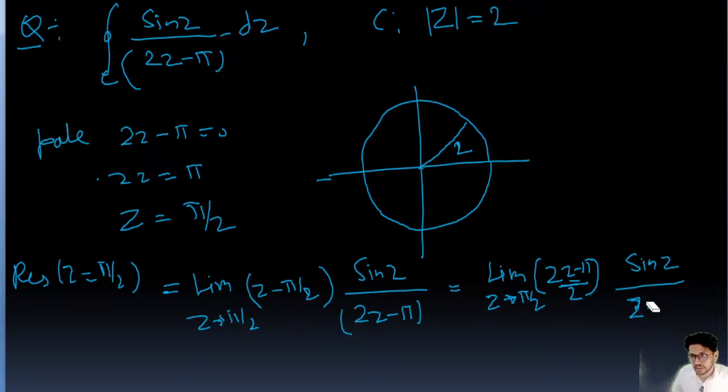Very good question, guys. So the (z minus pi by 2) will get cancelled, and this is 2.